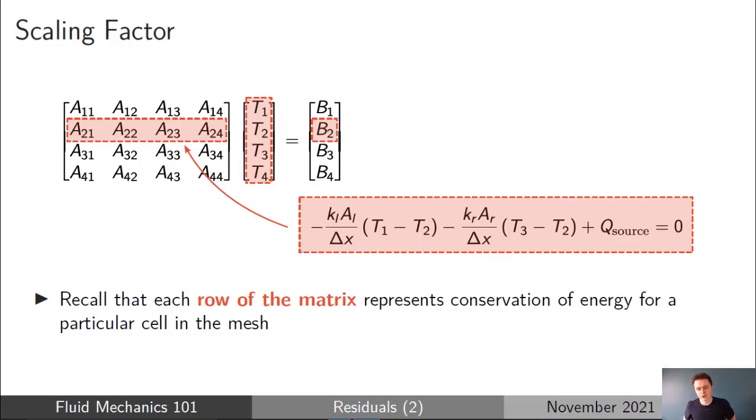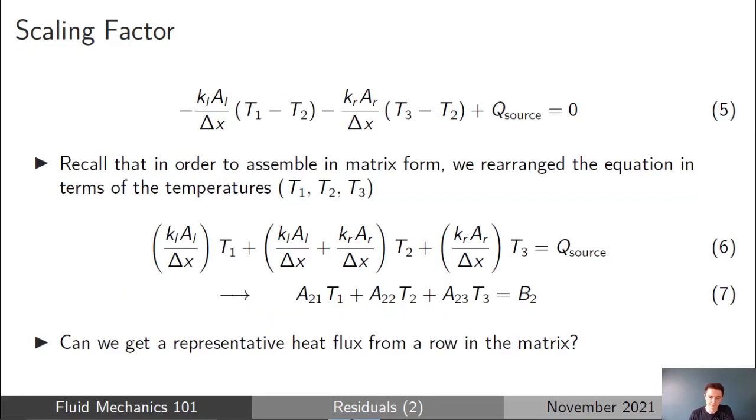So even just looking directly at this form of conservation of energy, we get an intuition that we might be able to do something clever with the coefficients of the A matrix and the temperature vector to pull out a heat flux that we can use to represent the heat flux passing through our bar in this problem.